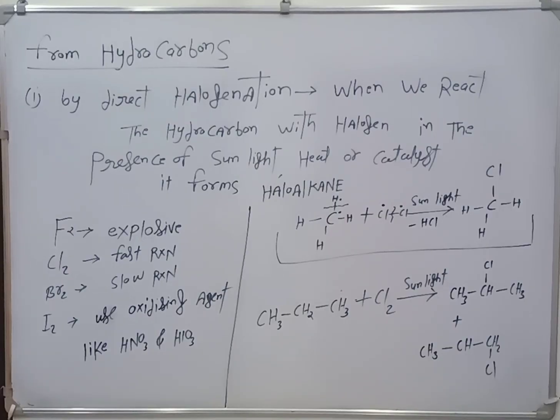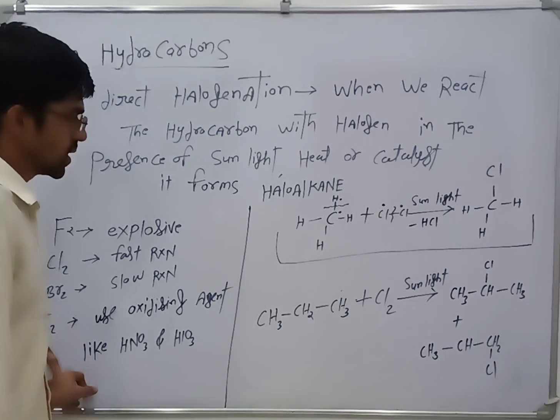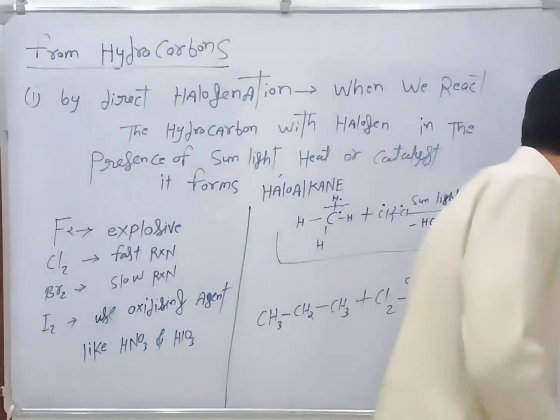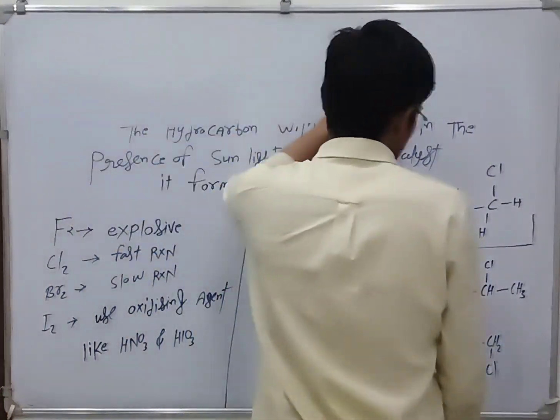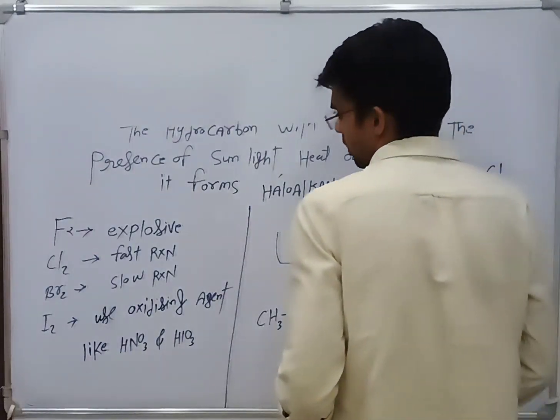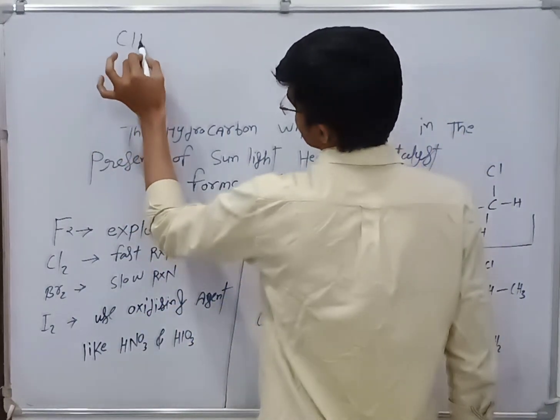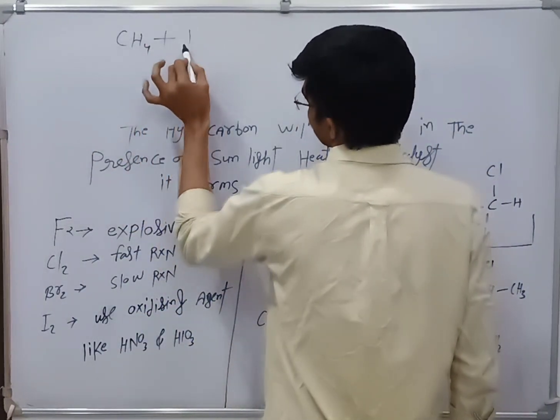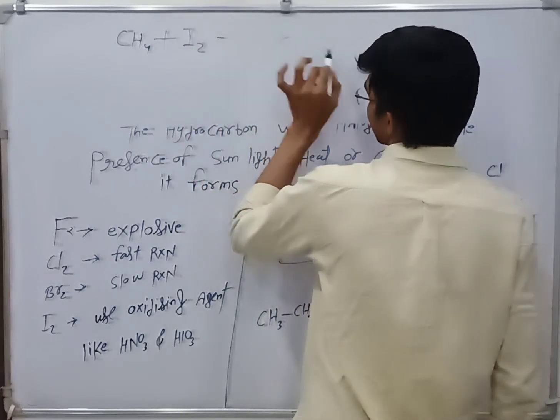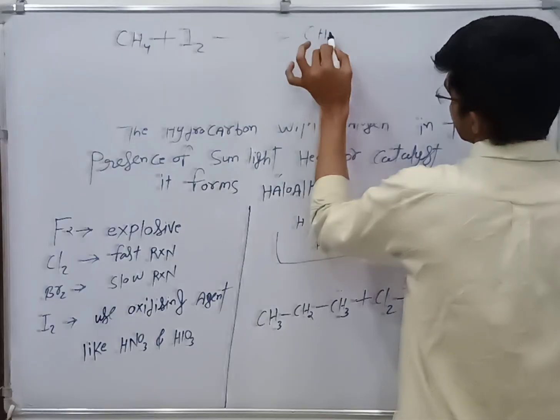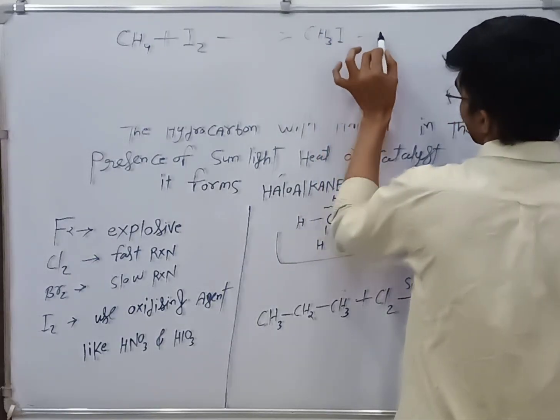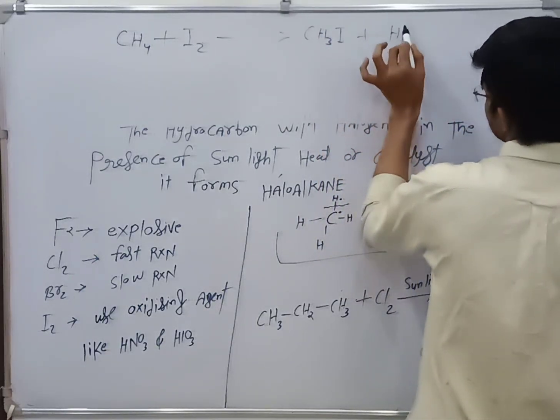Now, when you react with iodine, what happens? If you react the hydrocarbon CH4 with iodine in the presence of sunlight, it will form CH3I plus HI.